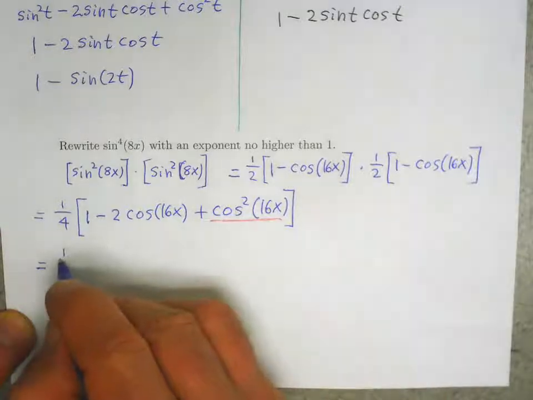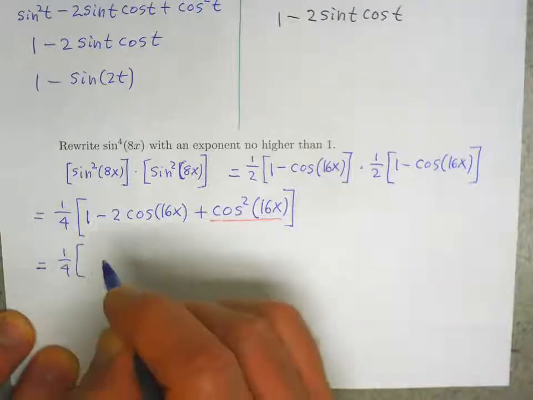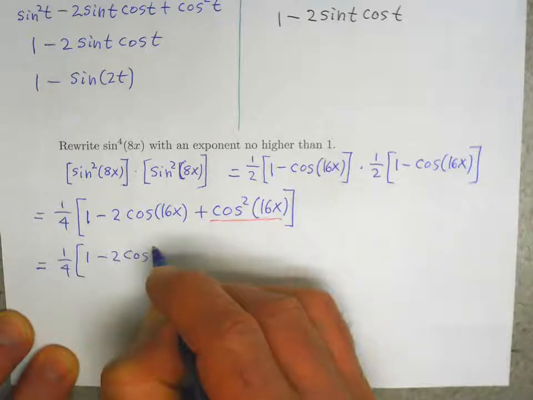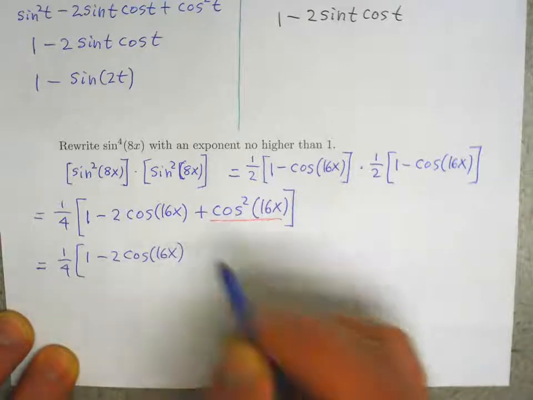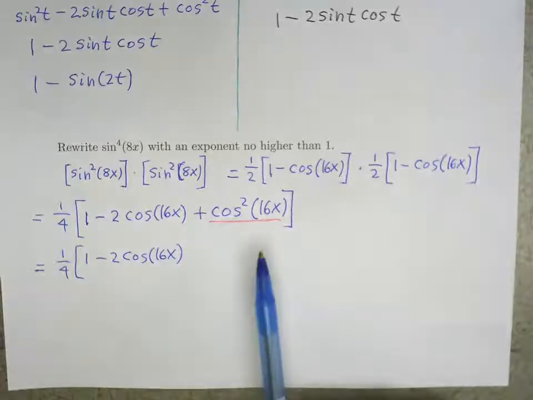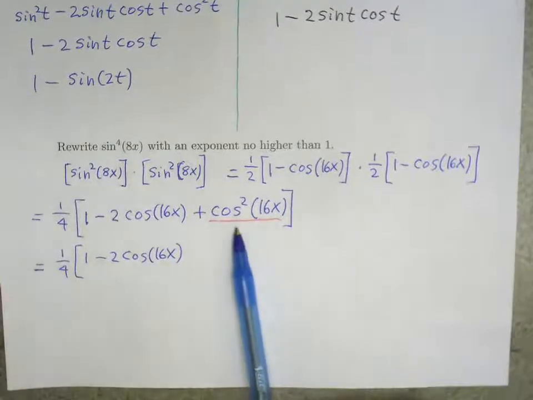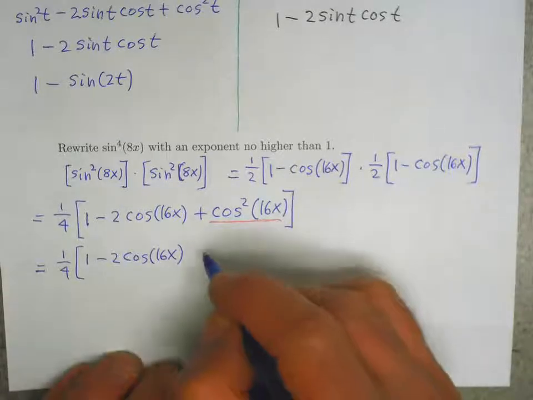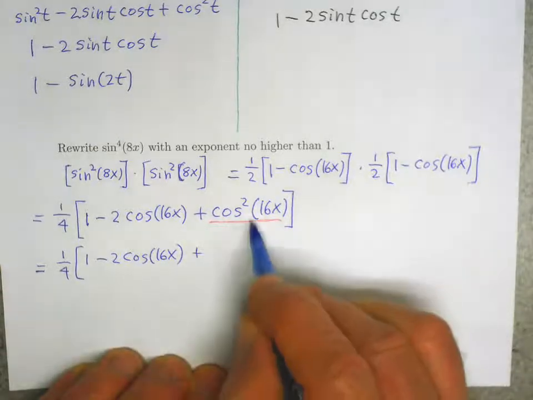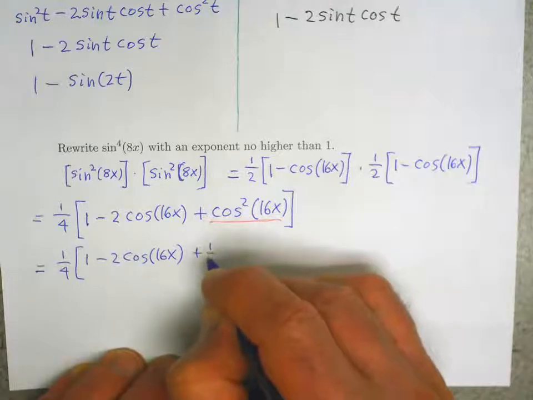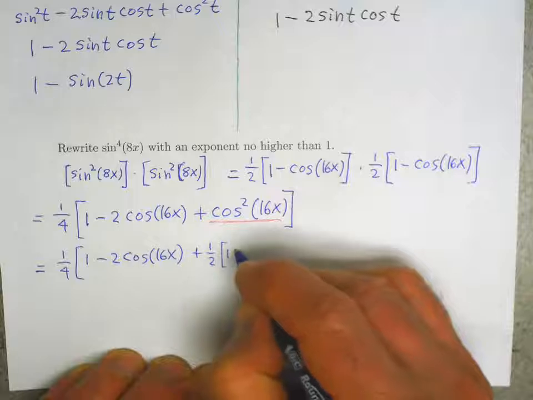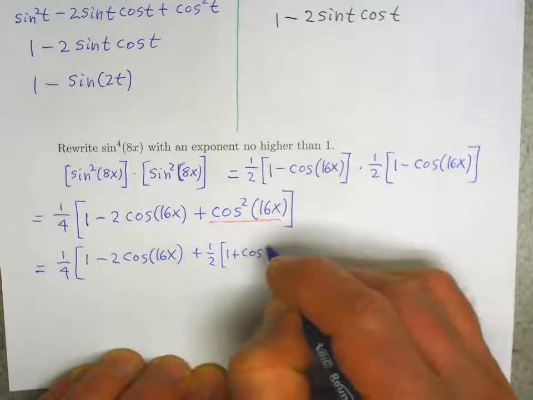So we have 1/4 times the quantity 1 minus 2 times cosine of 16x. And then we're going to use the reduction formula for cosine of 16x squared. So this is going to be plus 1/2 times 1 plus cosine of 32x.